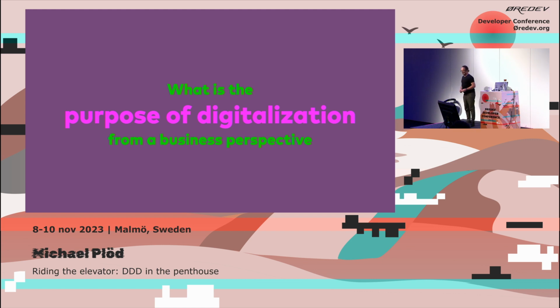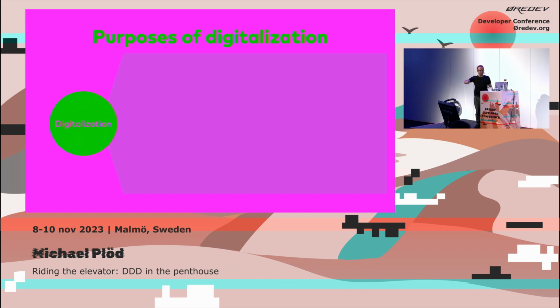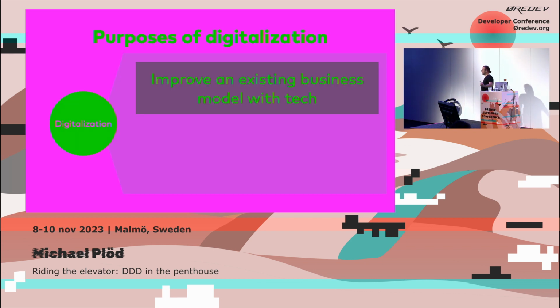Yeah? I see two purposes for digitalization. Purpose one is we want to improve an existing business model with tech. So you have an existing business model and you use technology to improve it. You drive down costs, you improve on processing speeds.